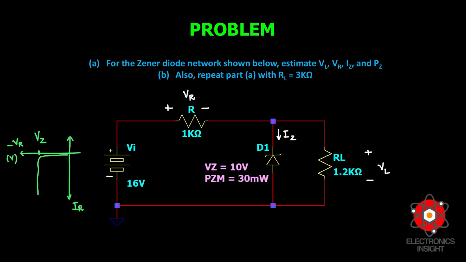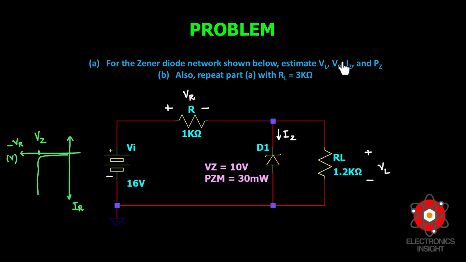In that case also we will observe whether the Zener diode acts as a voltage regulator. So for this particular problem, VI is fixed and RL is fixed. The same thing we are going to repeat for part B with the fixed RL as 3 kilo ohms.